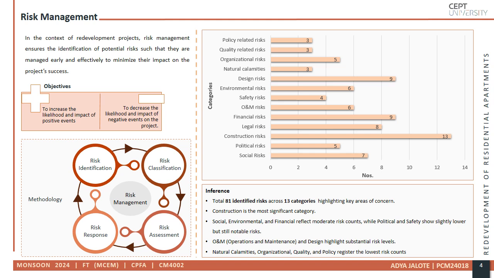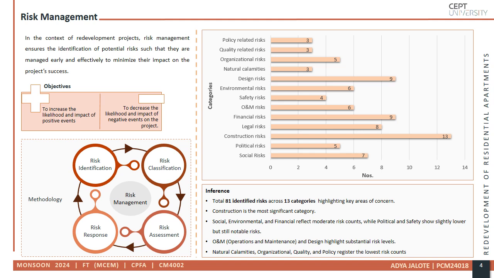Risk classification. Risks were categorized as threats which could harm the project or opportunities which could enhance it. Risk assessment. A severity matrix was used to evaluate each risk's likelihood and potential impact. Risk response. Strategies such as mitigation, acceptance, avoidance, or enhancement were applied to address each risk.